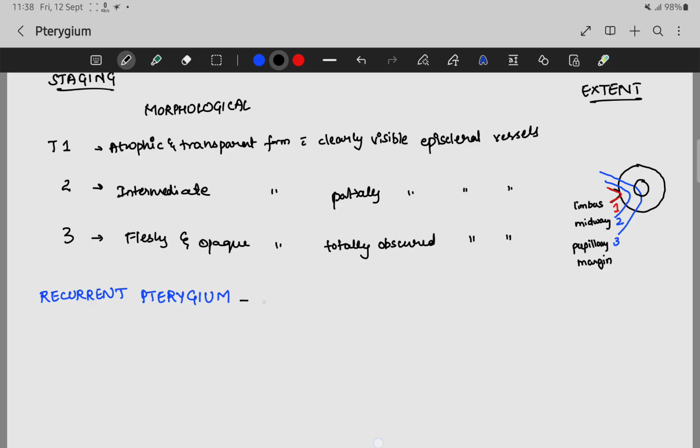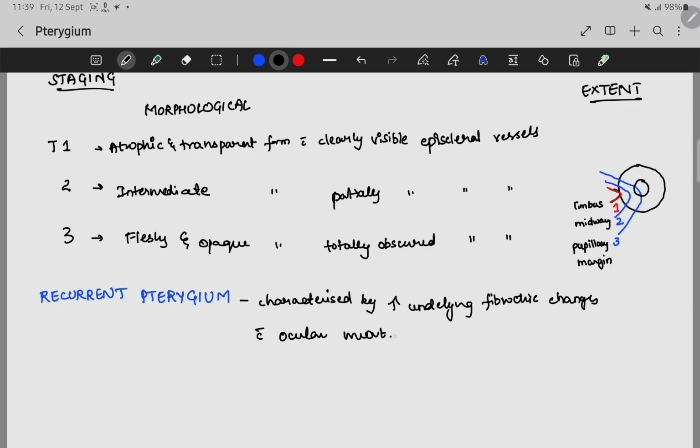Recurrent pterygium is characterized by increased underlying fibrotic changes, along with ocular movement restriction, in cases where the medial rectus muscle has been damaged by recurrent surgeries.